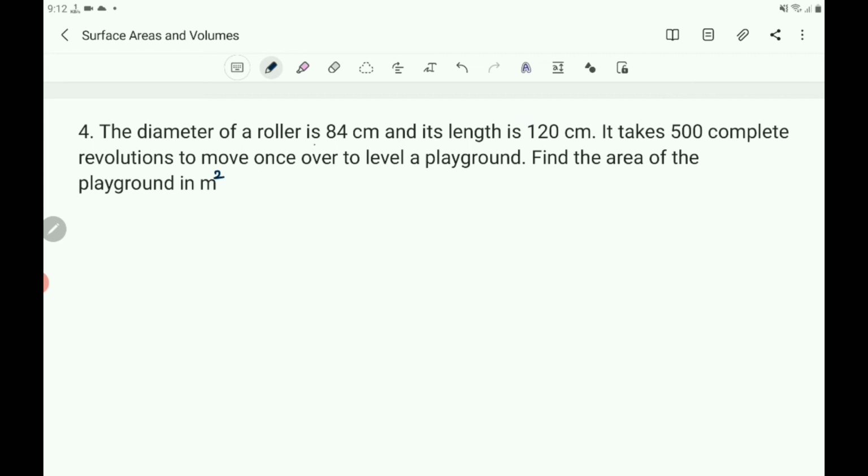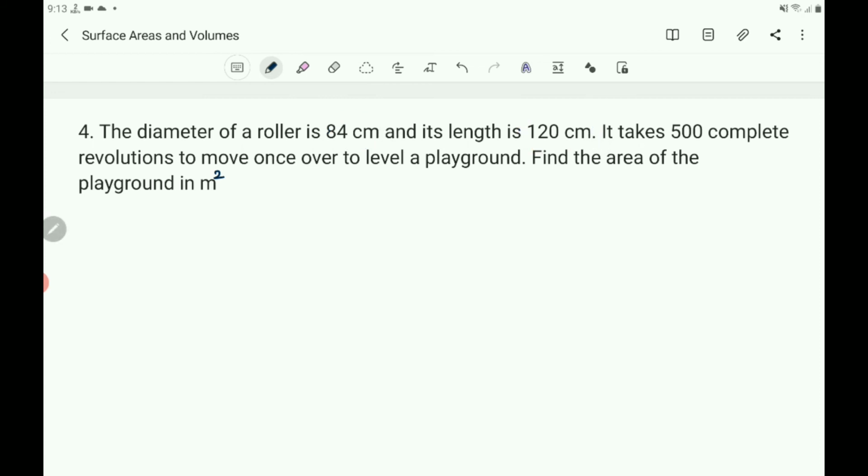Diameter of the roller is given, that is 84 centimeter, and the length of the roller is given, that is nothing but the height of the cylindrical roller, and it takes 500 complete revolutions to make once over to level a playground. Here what you have to find out?